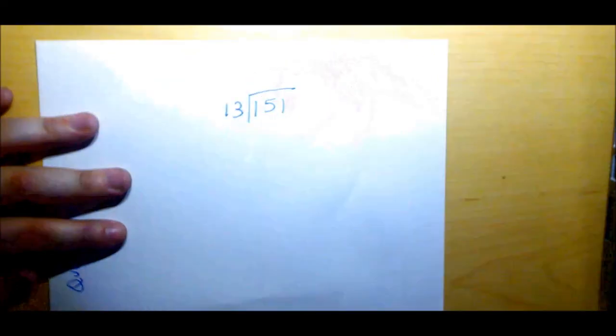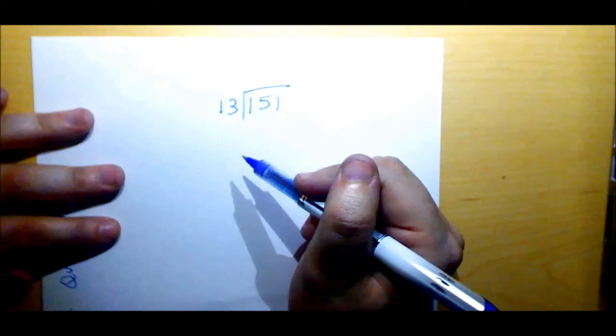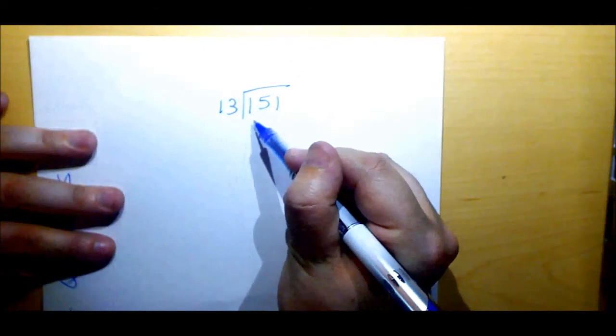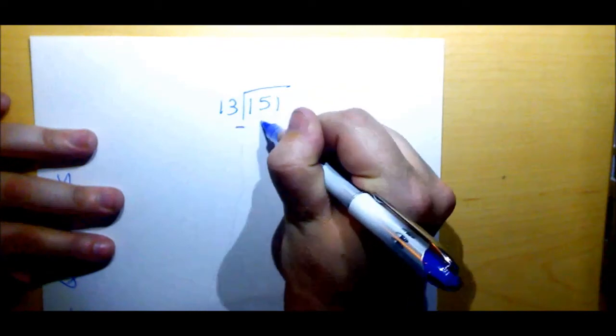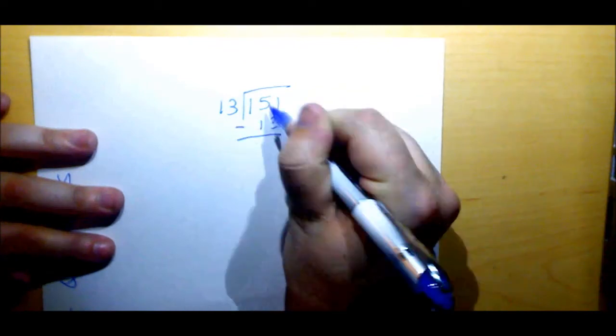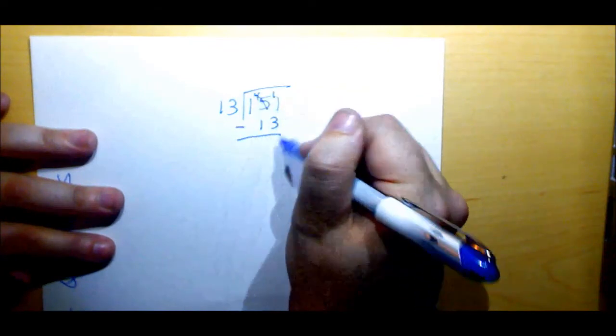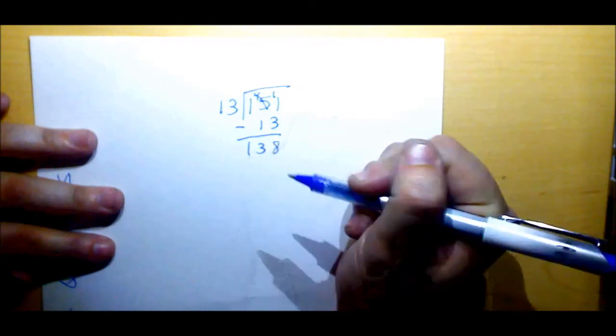So let's start out with 151 divided by 13. Okay, we're going to find the answer to this using partial quotients. Now what we could do is just say 151 minus 13 is 138.